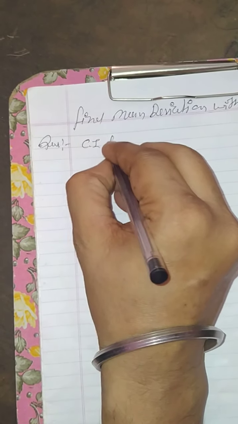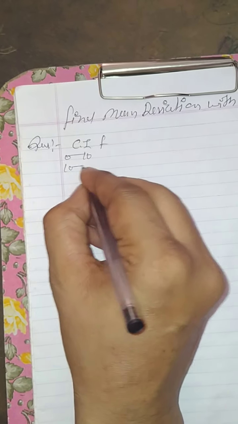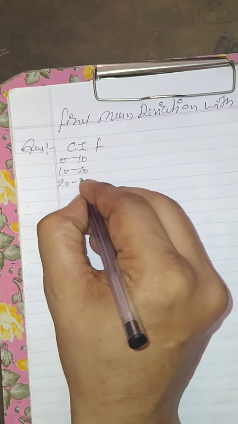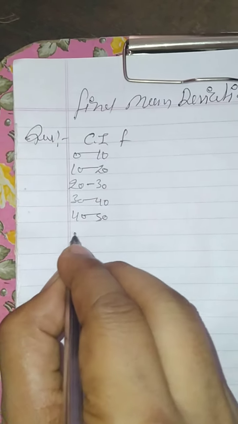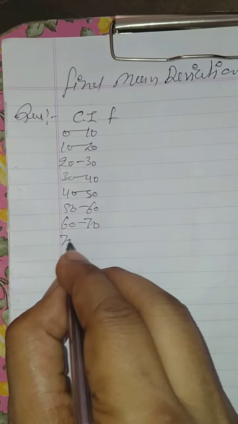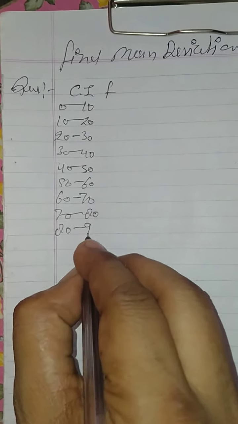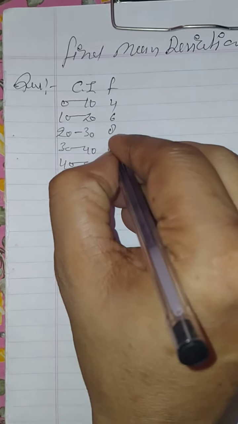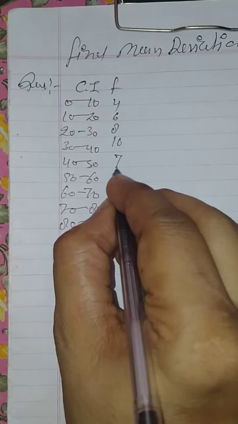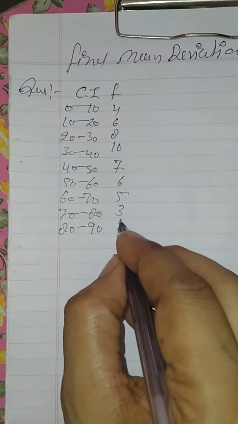Class interval and frequency are given: 0 to 10, 10 to 20, 20 to 30, 30 to 40, 40 to 50, 50 to 60, 60 to 70, 70 to 80, and 80 to 90. The frequencies are 4, 6, 8, 10, 7, 6, 5, 3, 1.